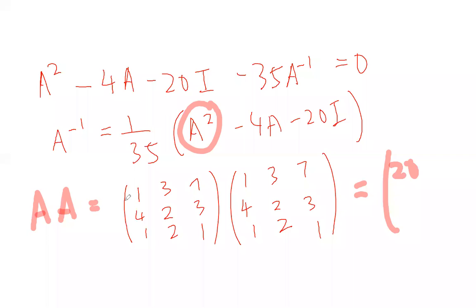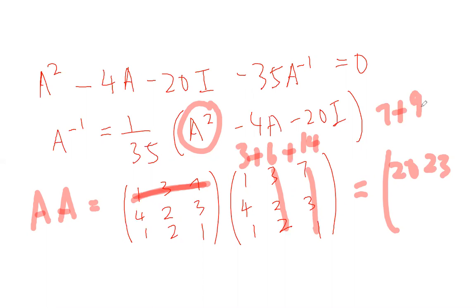Then we can go ahead to the second element. If you already know this, you can skip this part. 3 plus 6 plus 14. Then I should get 23. And first row, second column, 7 plus 9 plus 7, 14 plus 9, also 23.